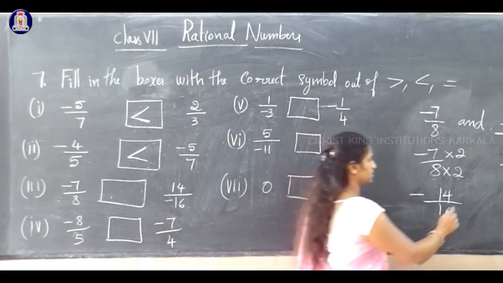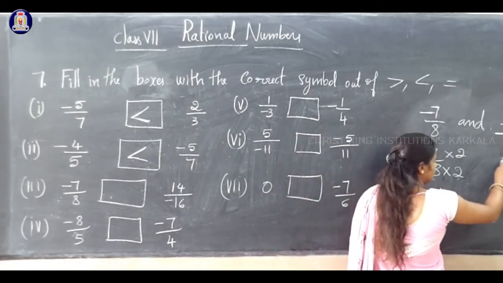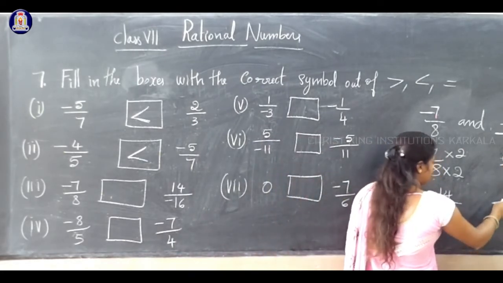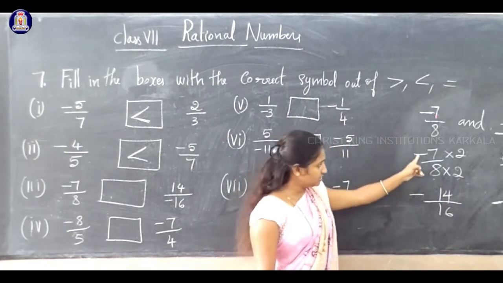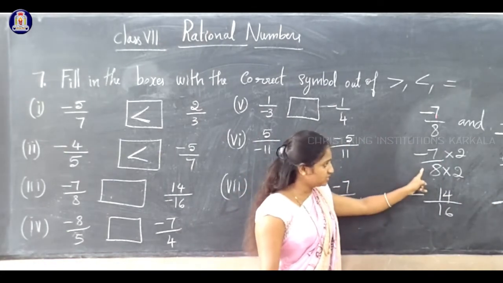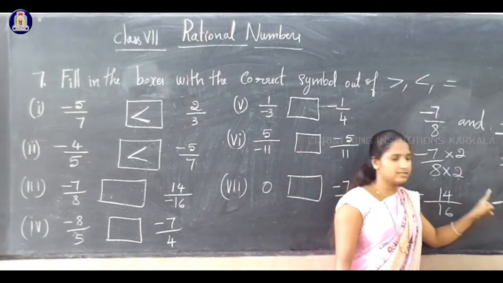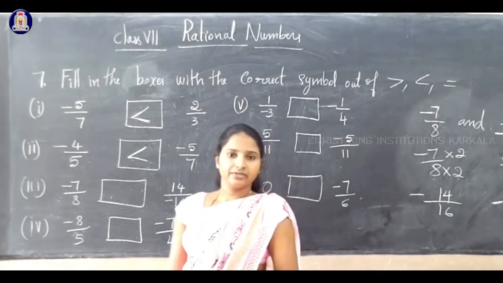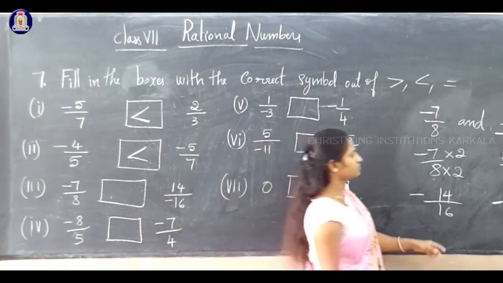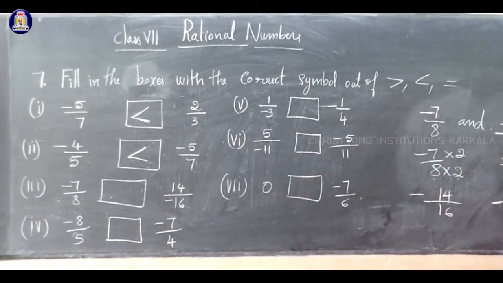So plus into minus, what is the sign here? Plus into minus, minus. Sorry, this is division, right? So plus, minus, minus. Here also plus, minus, minus. Okay. Now if you want, you can simplify and come back, or you multiply by 2 to get the same denominator.